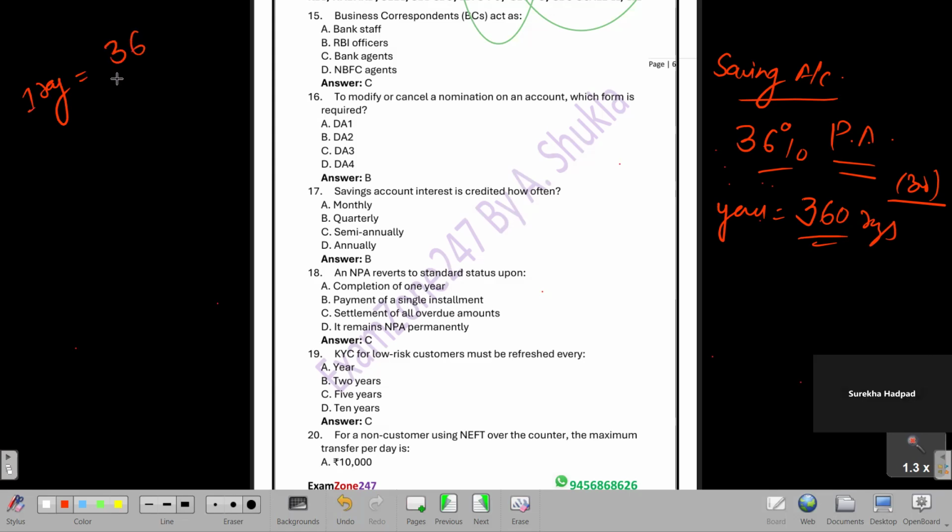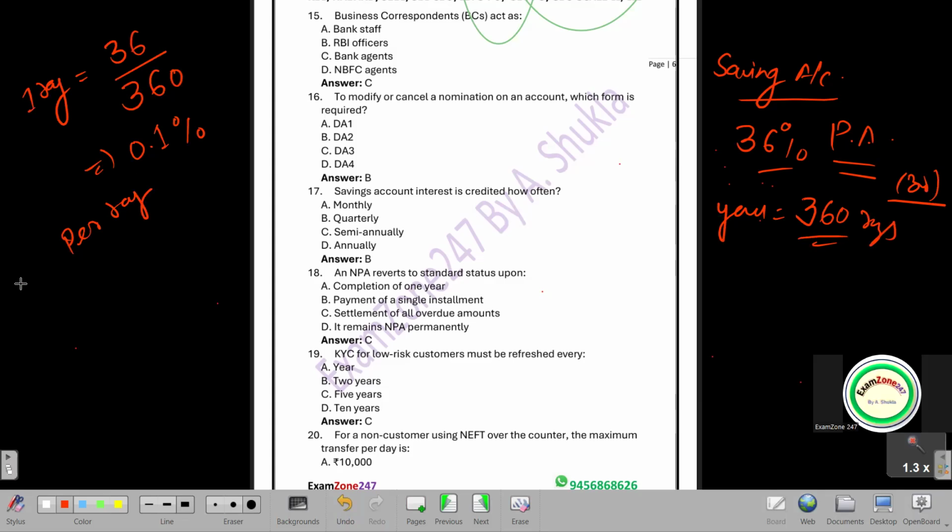On one day, you will get 36 divided by 360. Okay, 36 divided by 360 is 0.1 percent per day. Now, suppose on the first of the month, your account had 100 rupees.